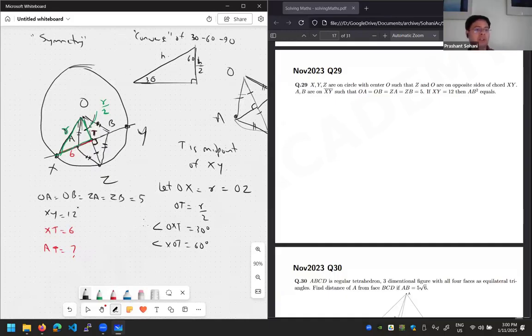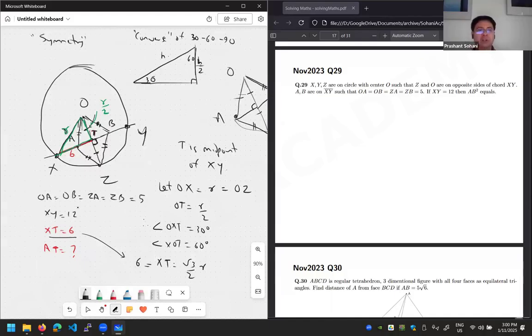So what will that allow us to do? We know the length of XT, which is given as 6. If OX is R, XT will be root 3 by 2 times the hypotenuse R, and that is equal to 6, the given information. So we are able to find the value of R. Even if you did not realize the 30, 60, 90 property, simply by the Pythagoras theorem, OX square minus OT square will give XT square.